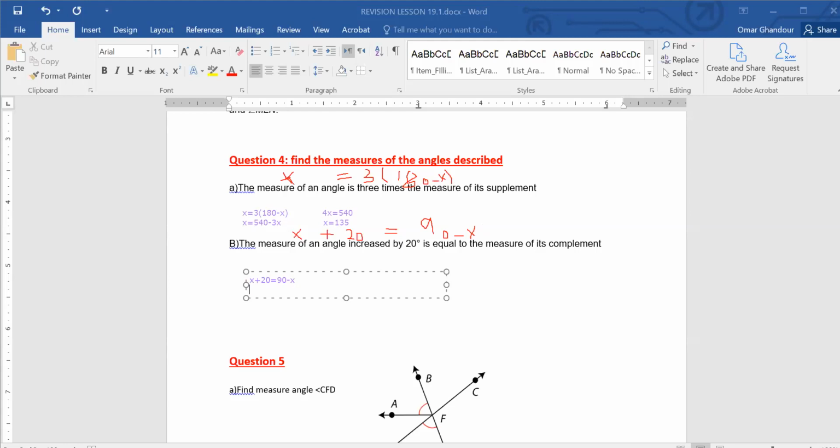So it's going to be x plus x equal to 90 minus 20. And then, as you said, x plus x is actually 2x. 2x equals 90 minus 20, which is 70. And then what should I do with the 2? Divide by 2, divide by 2. You will find x to be 35.